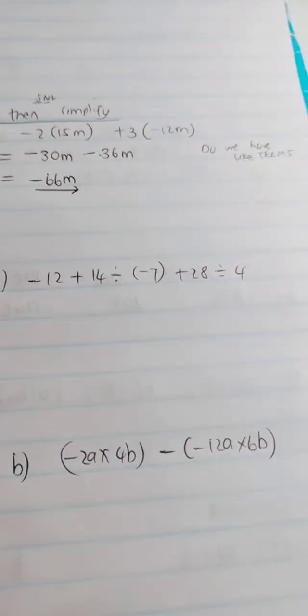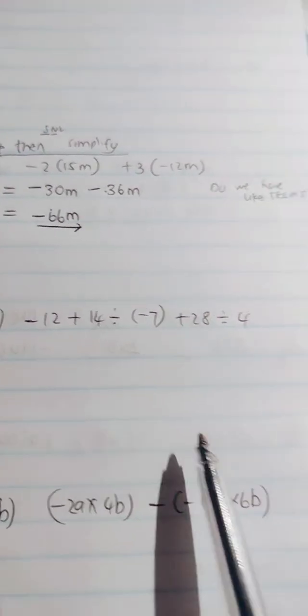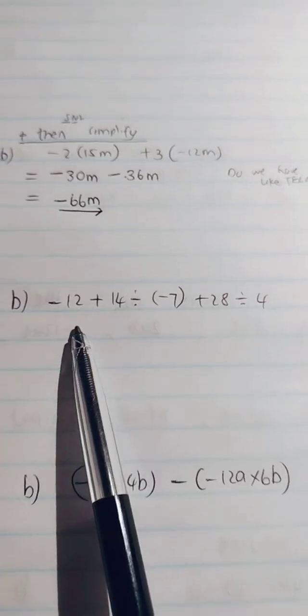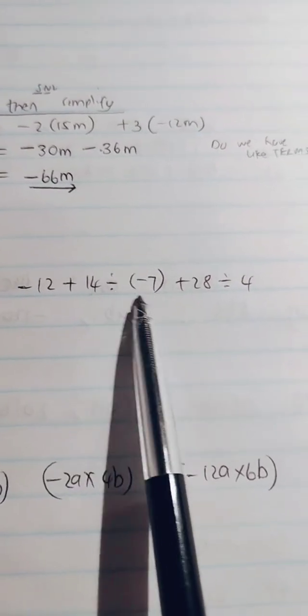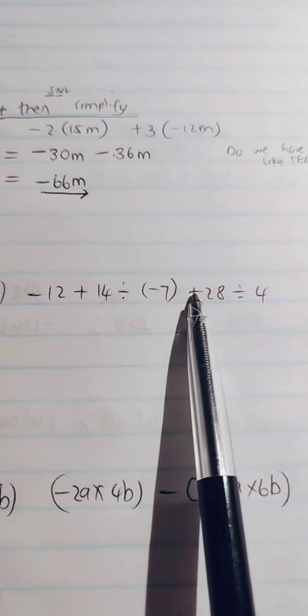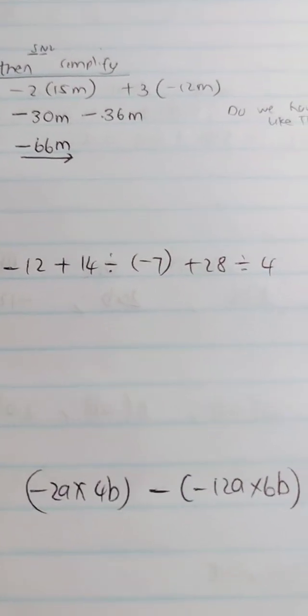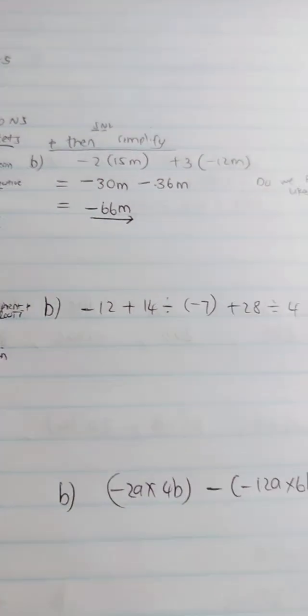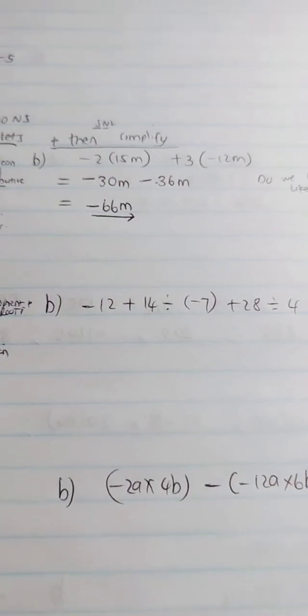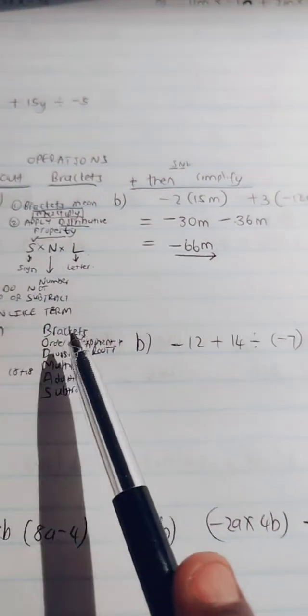Let's come here now. Here's another BODMAS type of question. Here you have negative 12 plus 14 divided by bracket negative 7 plus 28 divided by 4. So once again, we are going to look at BODMAS.